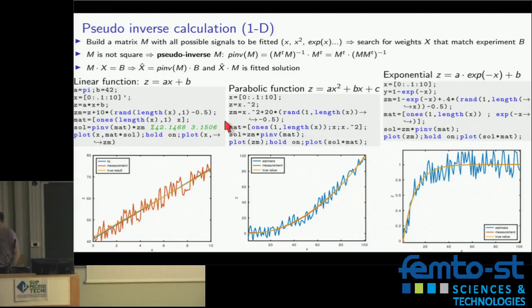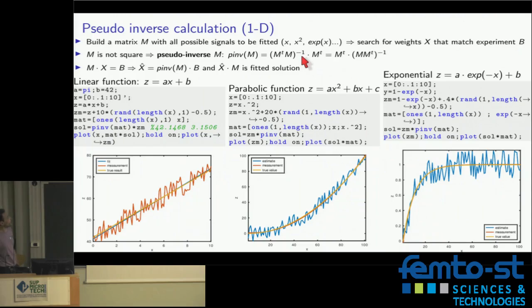What the pseudo-inverse says is, if you take a matrix M which is not square, it's a rectangular matrix, and you would like to fit a few parameters in a least-squares optimal way, you calculate the pseudo-inverse of this matrix M as the matrix transpose times the matrix. For your big rectangular matrix, it happens that the transpose multiplied by the matrix becomes square. You take the inverse of this, and you multiply by the transpose of the matrix. And this will give you the least-squares optimal solution to your problem.